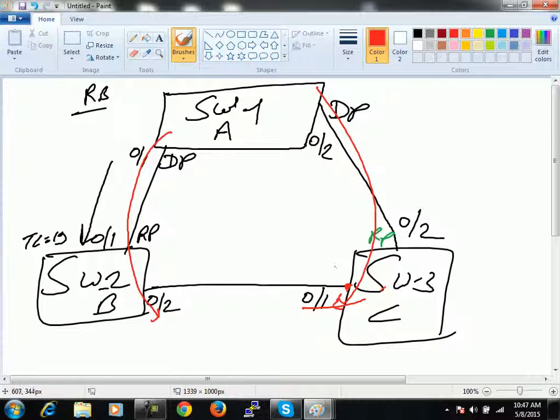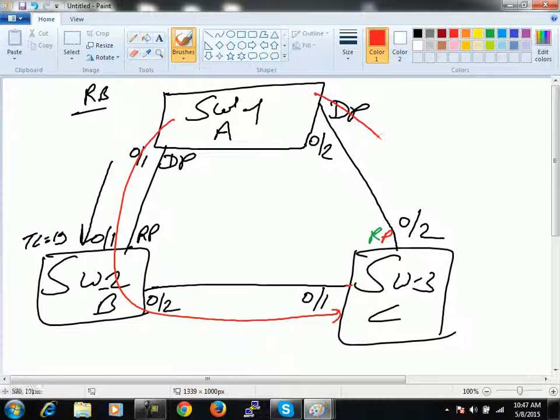So if it receives a BPDU on this interface, it means it will be coming from switch 2 only. So you will calculate cost in this manner, like from switch 1 to switch 3 and from switch 1 to switch 2, and compare its cost, right? So now the cost to reach the root bridge is the same.